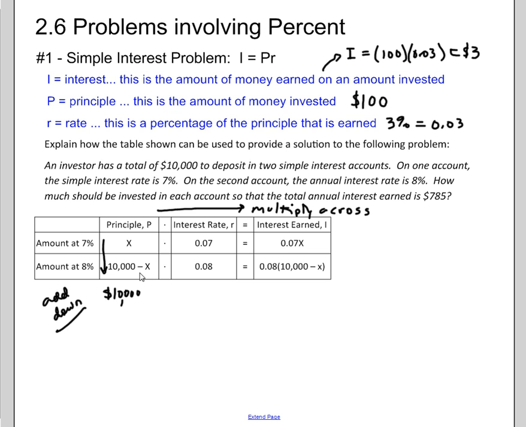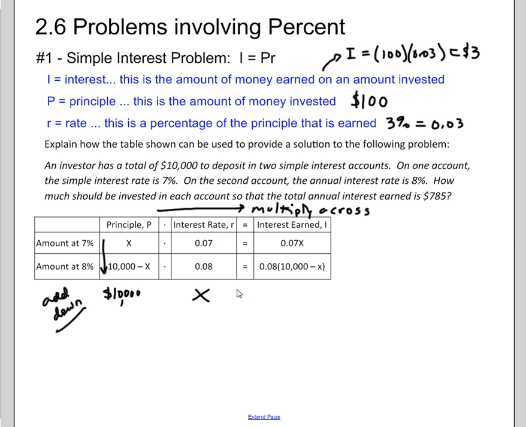If I were to put in $5,000 at 7%, I'd be putting in $5,000 at 8%. If I put in $6,000 at 7%, I'd be putting in $4,000 at 8%, and so on. The amount must add up to $10,000. For our interest rates, we're just going to put in the interest rates that we're given. Now, there is no total interest rate here.